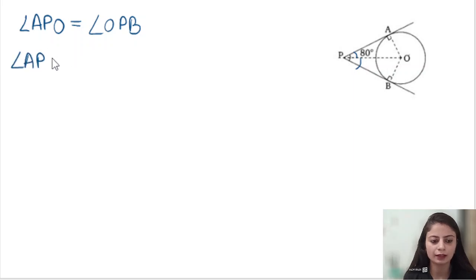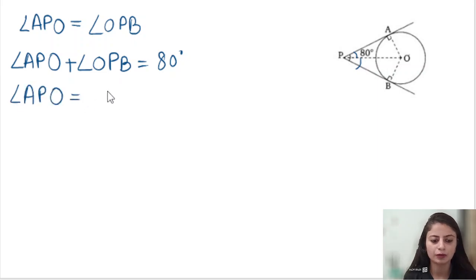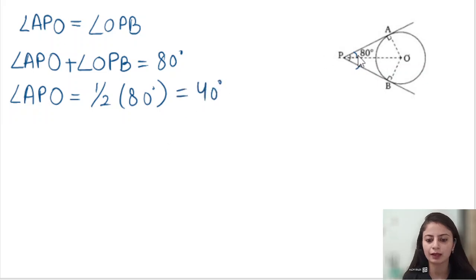Angle APO plus angle OPB is 80 degrees. Now since these two angles are equal, APO would be equal to half of 80 degrees, that is 40 degrees. So we have this angle as 40 degrees and this angle is 90 degrees.